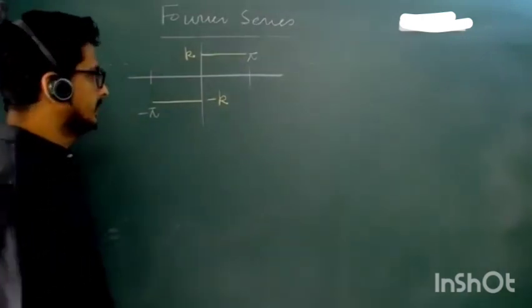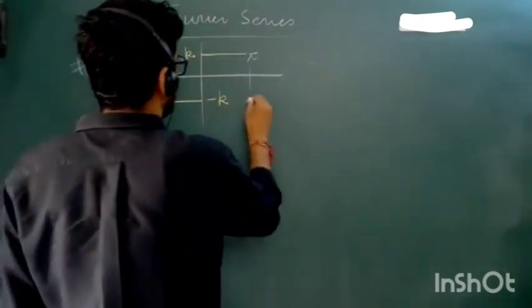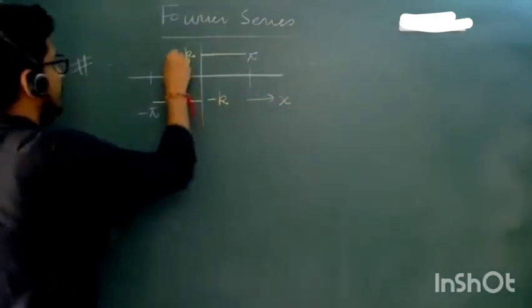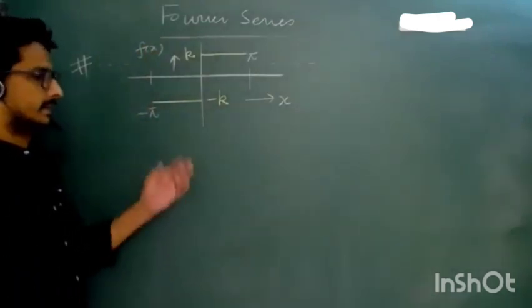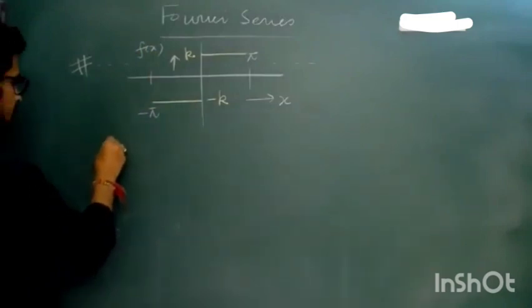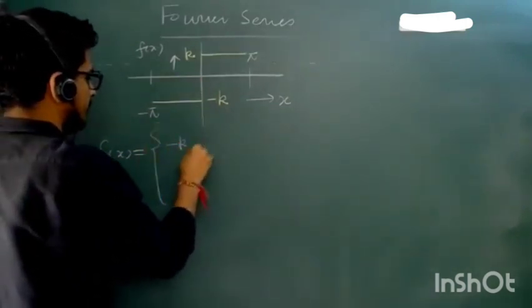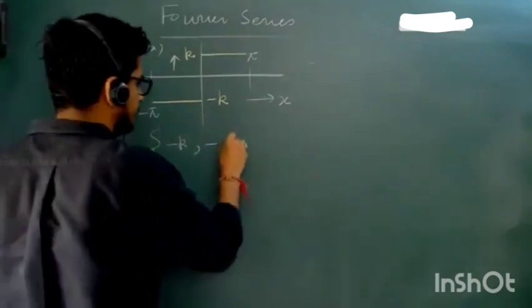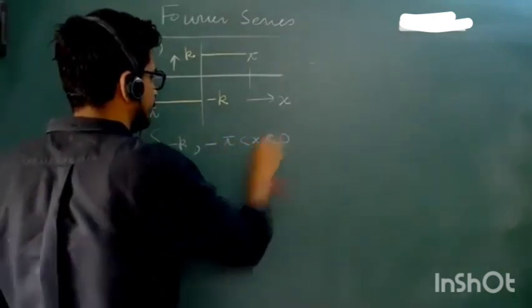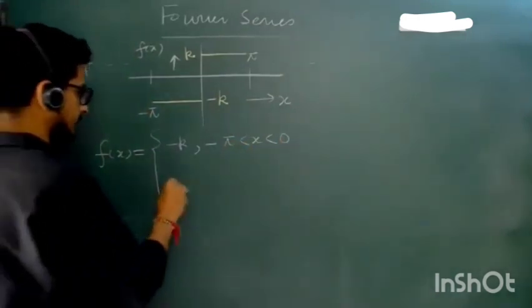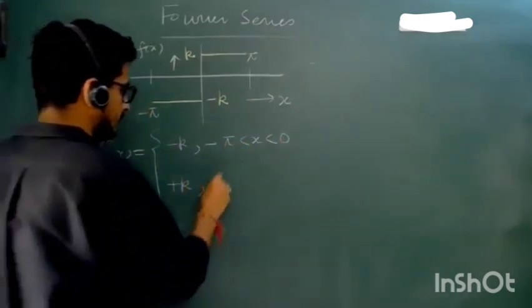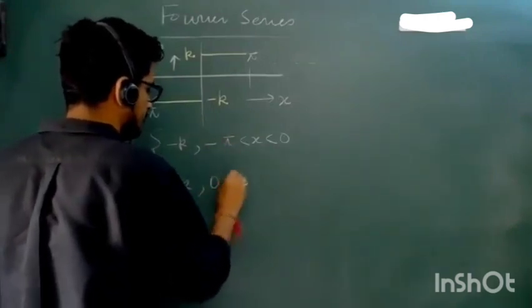The first step is to see the function. This is the x-axis and this is the f(x)-axis. The function is f(x) equal to minus k in the domain minus pi to 0, and plus k in the domain 0 to pi.